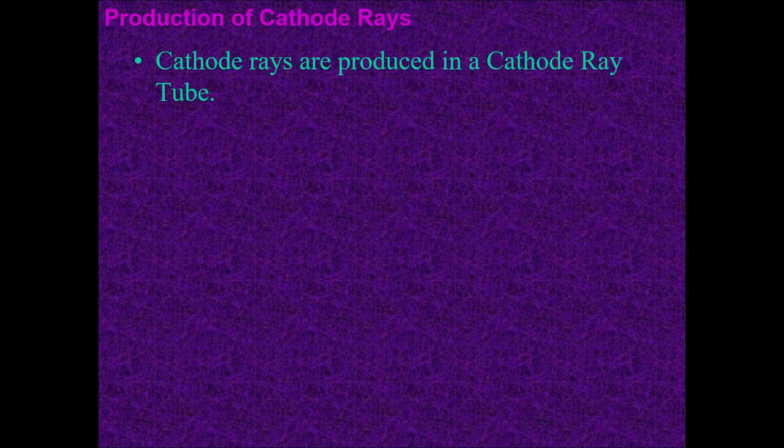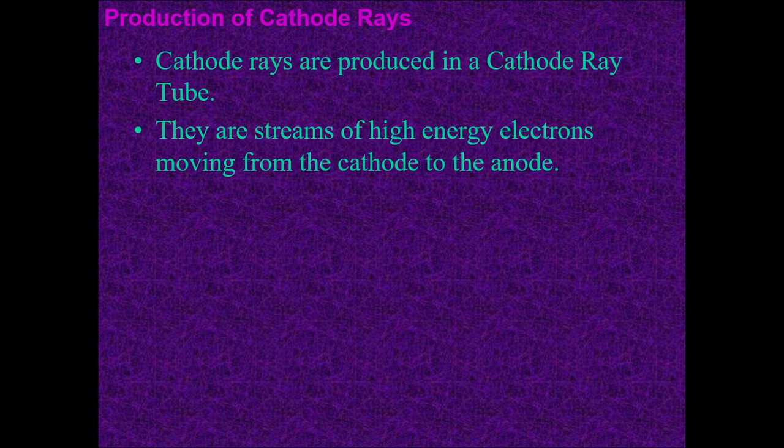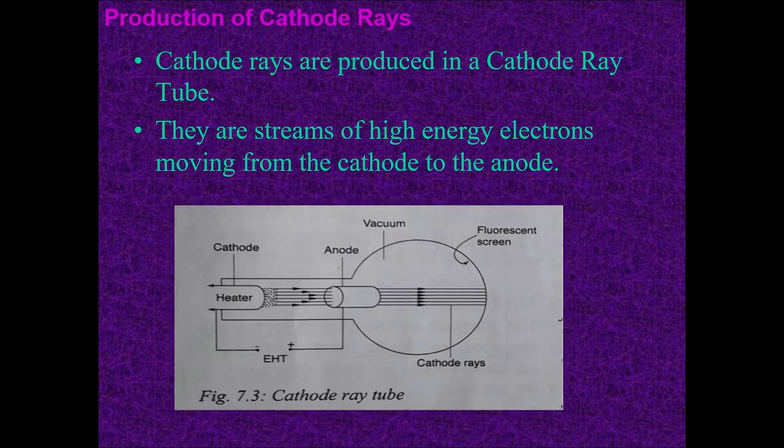Now, production of cathode rays. Cathode rays are produced in a cathode ray tube, or simply what we call a CRT. They are streams of high energy electrons moving from the cathode to the anode. In this diagram, we have the cathode in the form of a cylinder, and a heater element inside that particular cathode, so the cathode is heated indirectly, whereas the heater is inside the cathode.